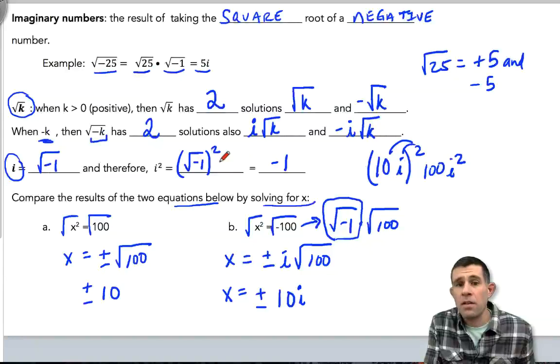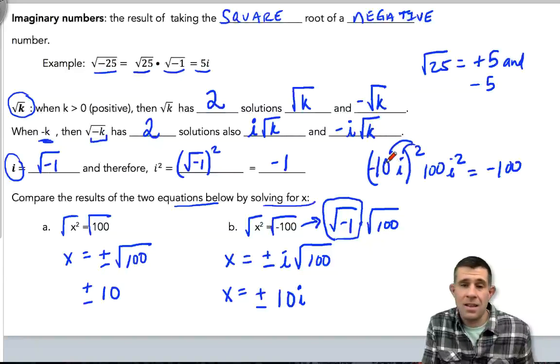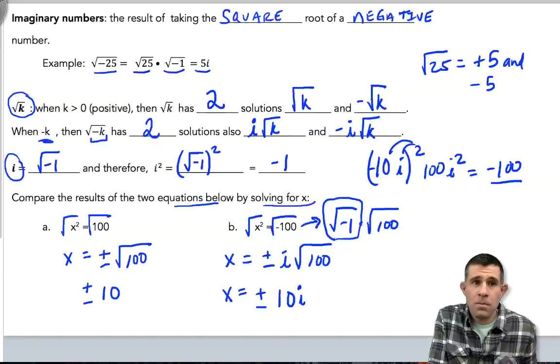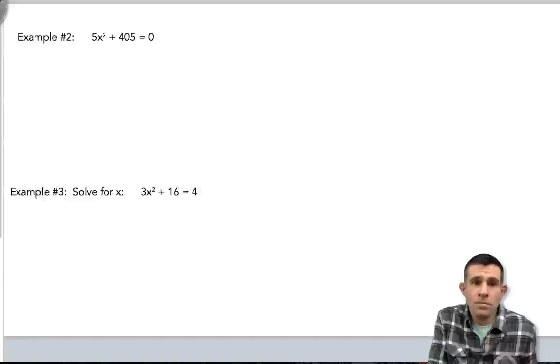Well, remember, i squared is equal to negative 1, and 100 times negative 1 is equal to negative 100. Likewise, if I put a negative 10i inside that parentheses and square that, I will get a positive 100 times an i squared, which also results in negative 100.